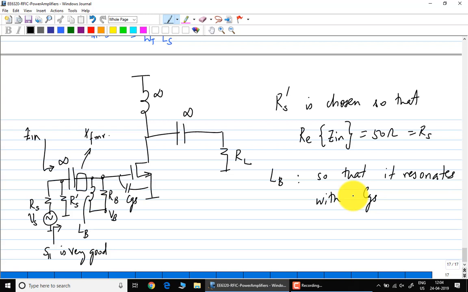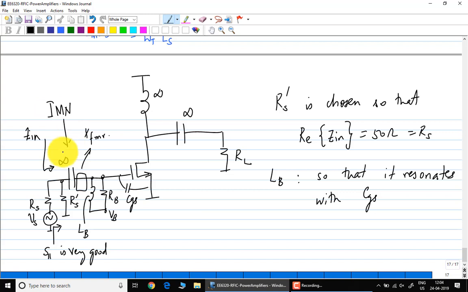Now you have a narrowband input match. Okay, this is specific to the CMOS PA. If the input impedance was, let us say, 10 ohms, let's say you are using a gallium arsenide device, gallium nitride device, or bipolar device, and the input impedance was smaller, you might just choose to put an input matching network, and in fact that will be the more general case. I am teaching only the specific case of CMOS PAs. In general you will need an input matching network.